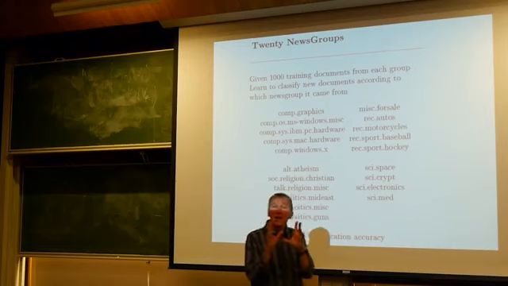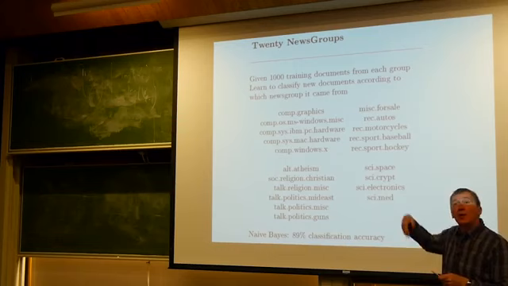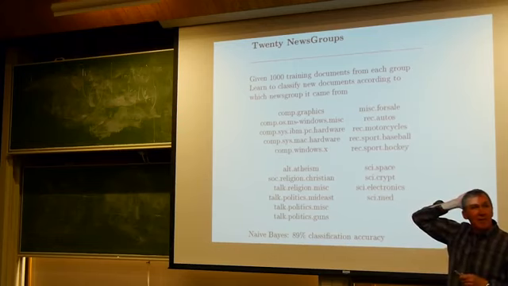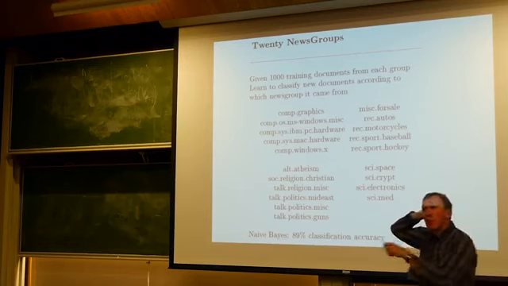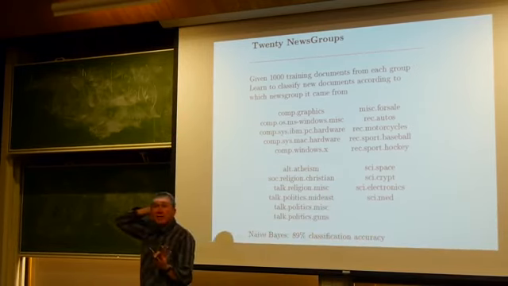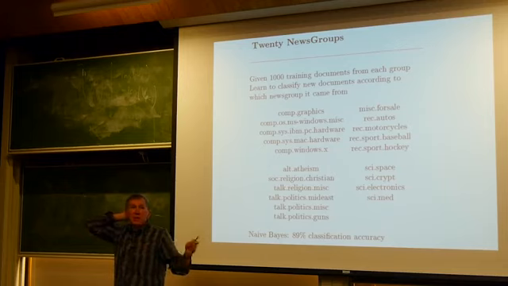Instead of trying to decide whether a document is spam or not, we trained it to decide which of these 20 newsgroups it came from. So now y has values 1 through 20. That's okay. We can apply naive Bayes to any problem where y has a finite discrete number of values.